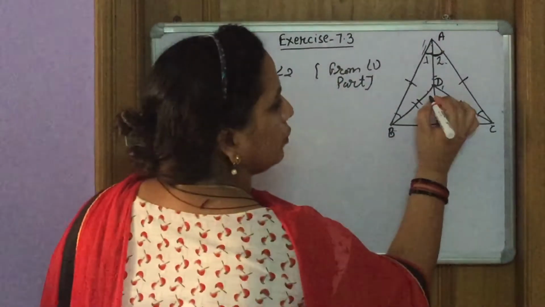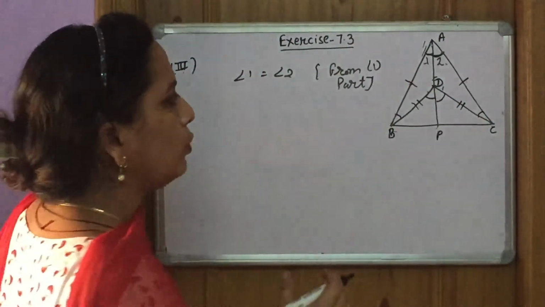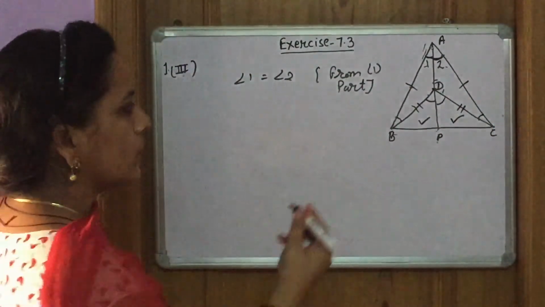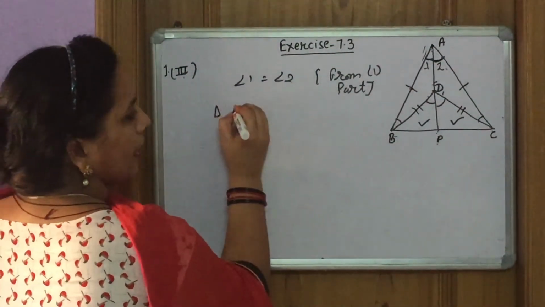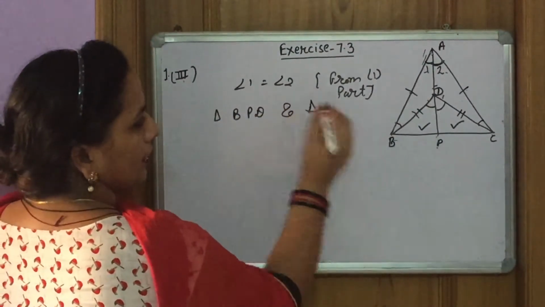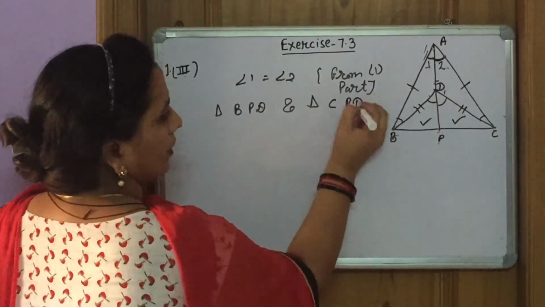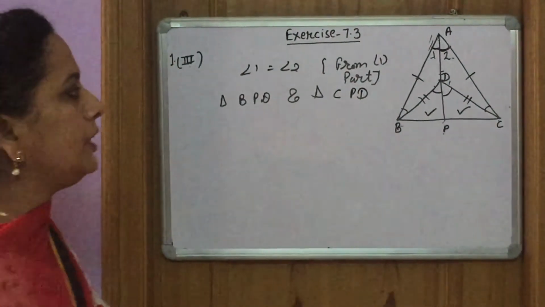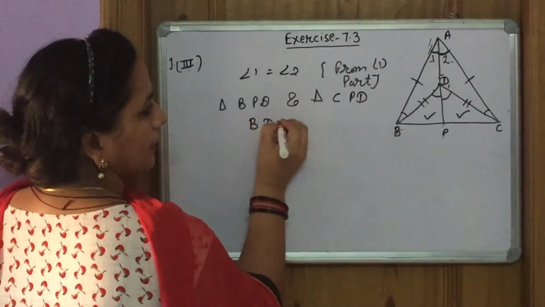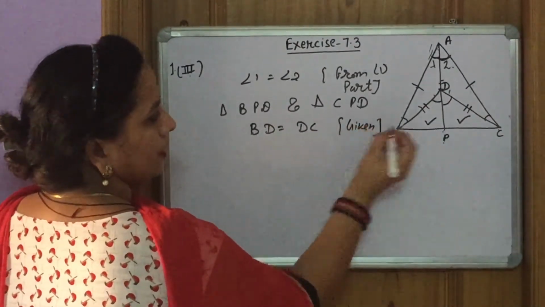Next, we have to show these two parts are equal, and for this purpose we have to show that these two triangles are congruent. So here we will write triangle BPD and triangle CDP. Now check the three terms in these two triangles. As we have marked here, BD is equal to DC. This is given.